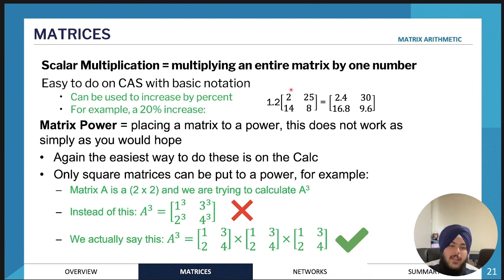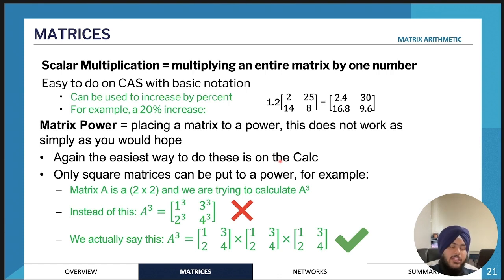If we had the prices of various items in a store in a matrix and we want to mark up the price, we can just use a scalar multiplication, so 1.2 in this case, because we want to mark up the price by 20%. And that will give us the new price. It's similar to, if we go all the way back to Unit 3, seasonal indices. Very similar to that.